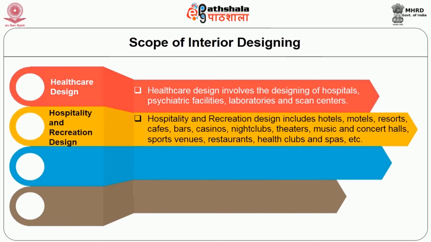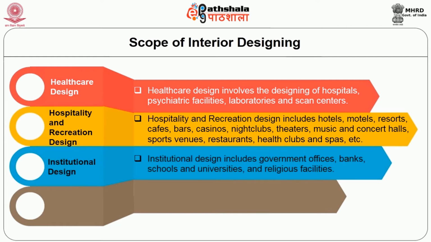Hospitality and recreation design includes hotels, motels, resorts, cafes, bars, casinos, nightclubs, theaters, music and concert halls, sport venues, restaurants, health clubs, and spas. Institutional design includes government offices, banks, schools and universities, and religious facilities.